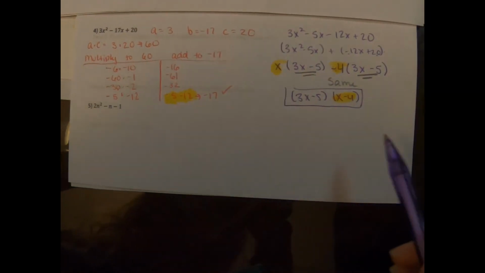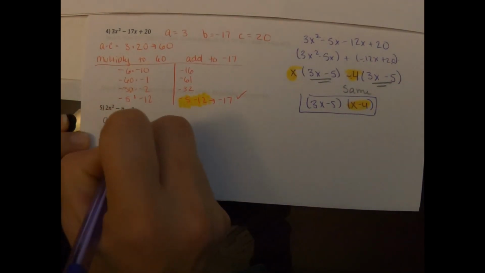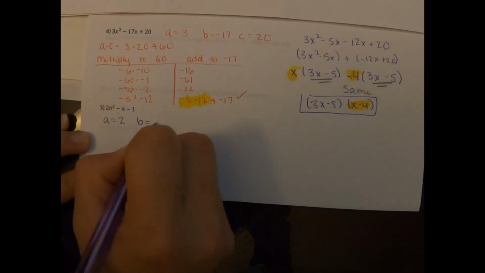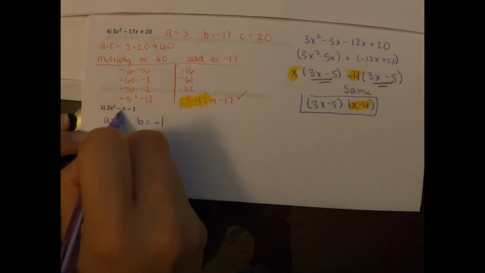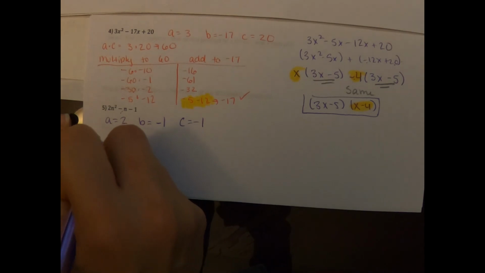Last problem for the notes. All right, B here is negative 1. There's an invisible 1 here. C is also negative 1.